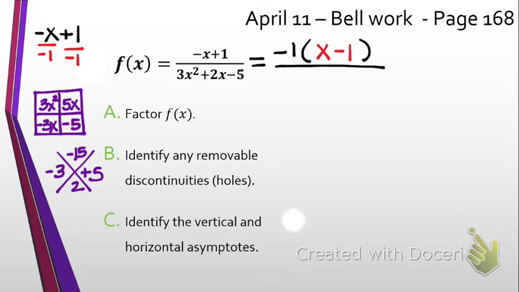So when we take out our GCFs, in this top row, we can take out an x. In the bottom row, we can only take out a -1.